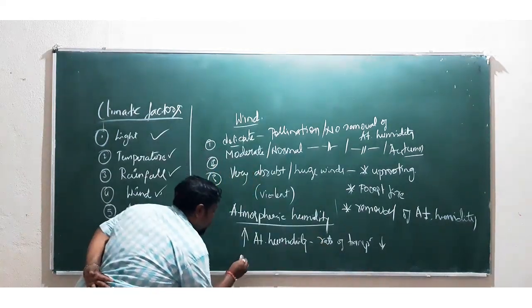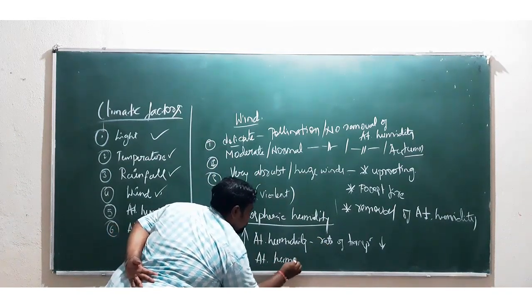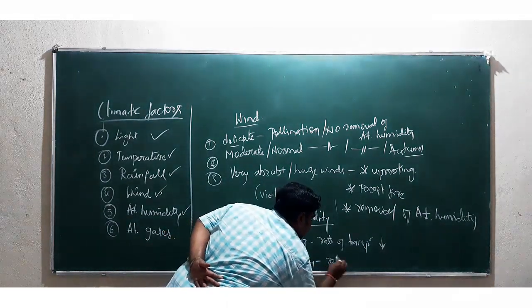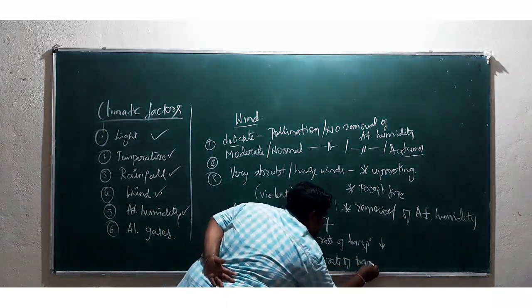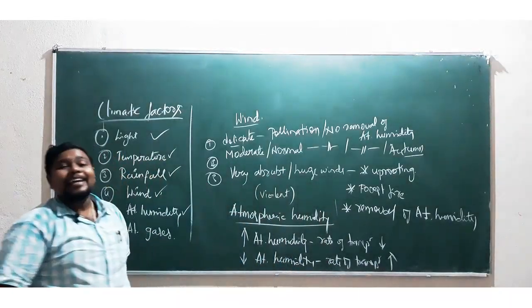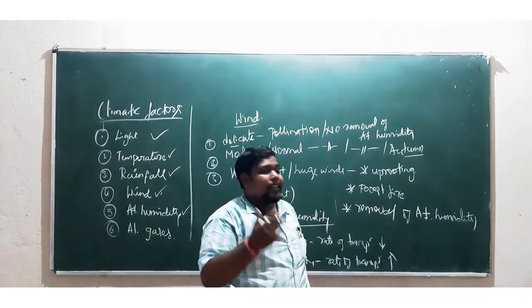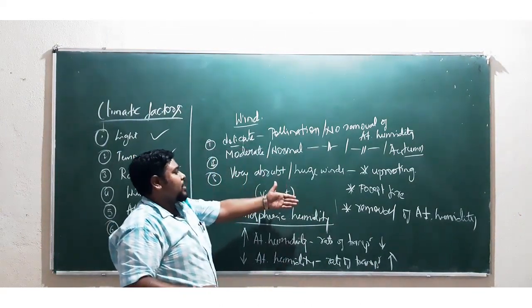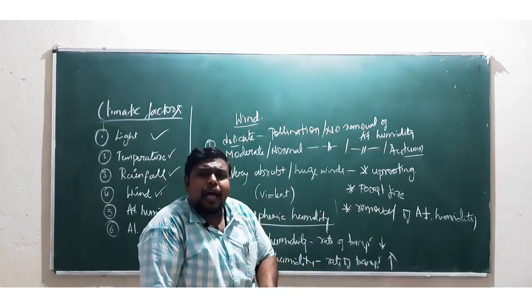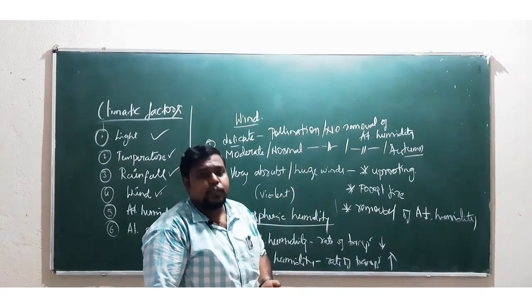And what is the next one? At low atmospheric humidity, the rate of transpiration increases. Once the rate of transpiration increases, again as I said in the case of violent winds, they will completely dry off the plant, because whatever amount of water is taken up by the plant will be removed in the form of transpiration.